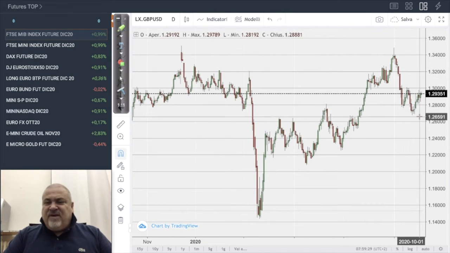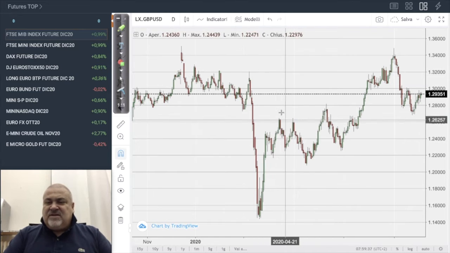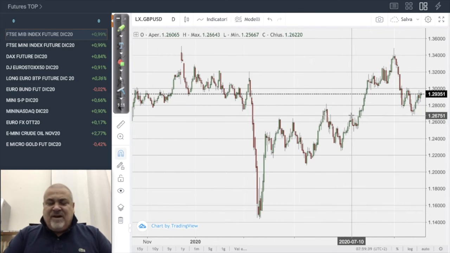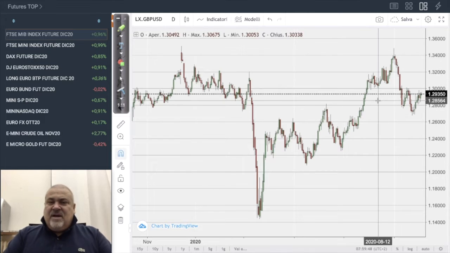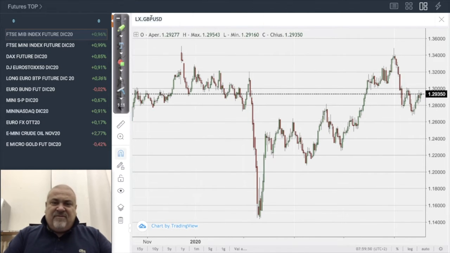Then a movement that has a natural target around 1.2650, that is more or less the area of this first, second, and third resistance here, and then again 1.30. So we are in a trading range right now, and it seems that we have to wait for some other interesting movement.